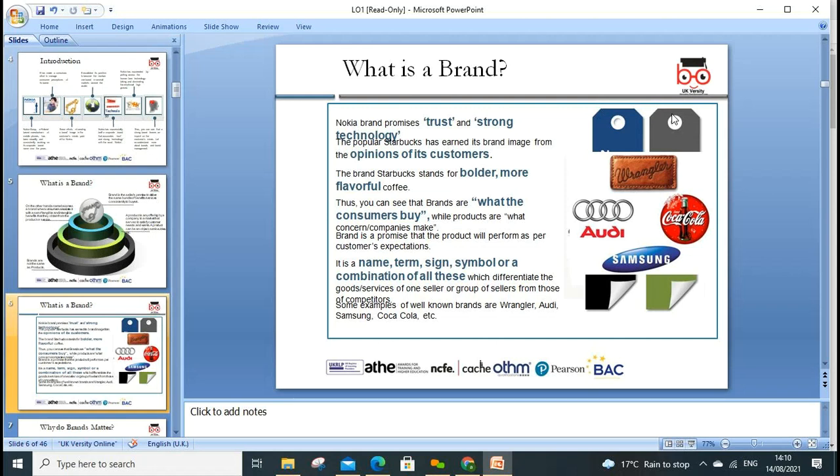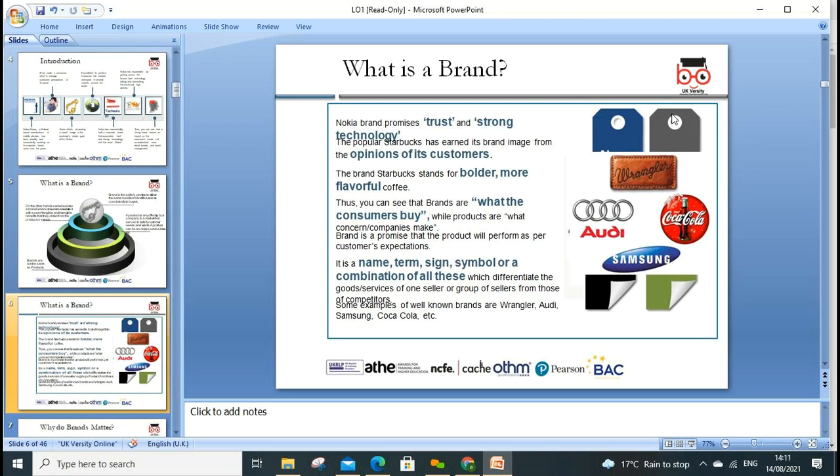So what is the brand? Nokia's brand promise was trust and strong technology. Of course, that's a past statement, maybe not applicable now. You can argue on it. The popular Starbucks has earned a brand image in the customer's opinion. The brand Starbucks stands for bolder, more flavorful coffee.